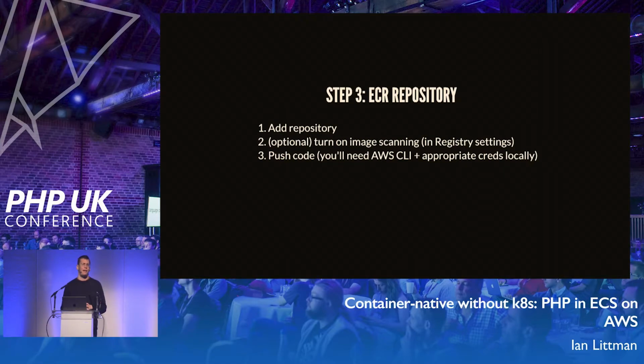It also does have image scanning, so it'll tell you if there is an operating system level CVE or such, or it'll give you a false positive, which we'll actually see in a second. But by default, ECR is how you push your container images into something that ECS can pick up. Yes, you can use an external registry for that, say Docker Hub or GitHub package repository, but honestly, this is a little bit easier as things go.